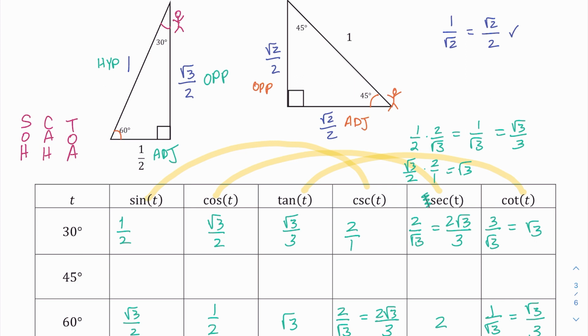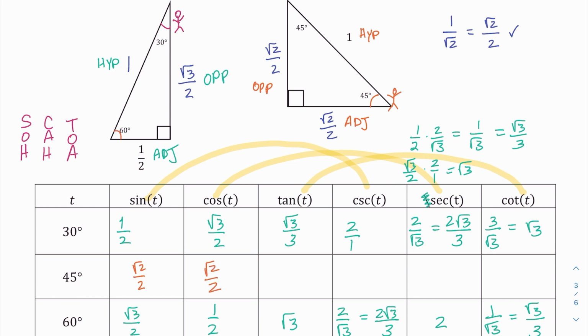The side next to it is adjacent, and of course, the hypotenuse is always the hypotenuse. So from there, sine of 45 degrees is opposite over hypotenuse. So root 2 over 2 divided by 1 is just root 2 over 2. Same thing with cosine, adjacent over hypotenuse. So cosine of 45 degrees is root 2 over 2 over 1, which is just root 2 over 2.